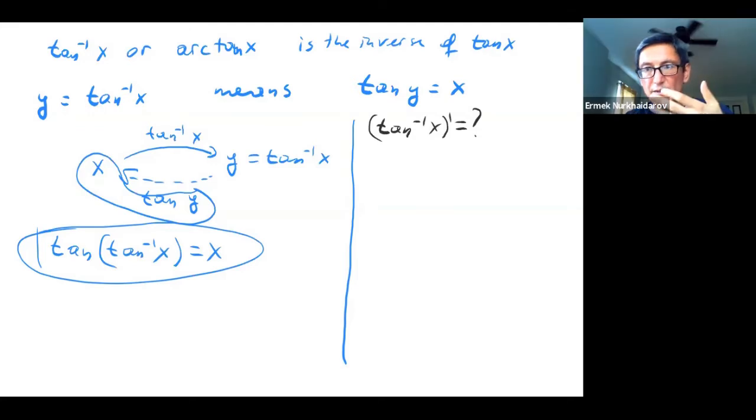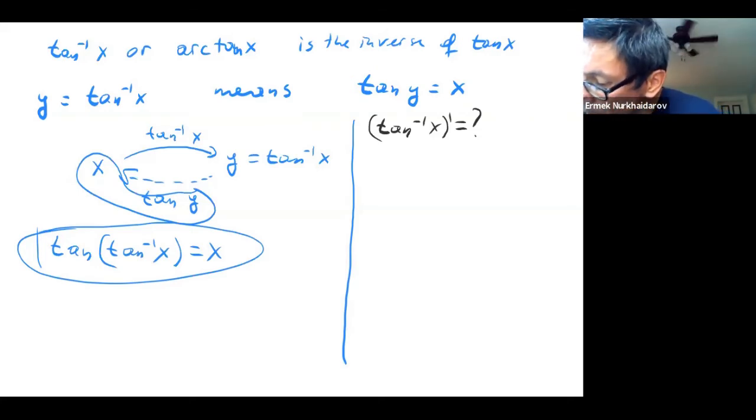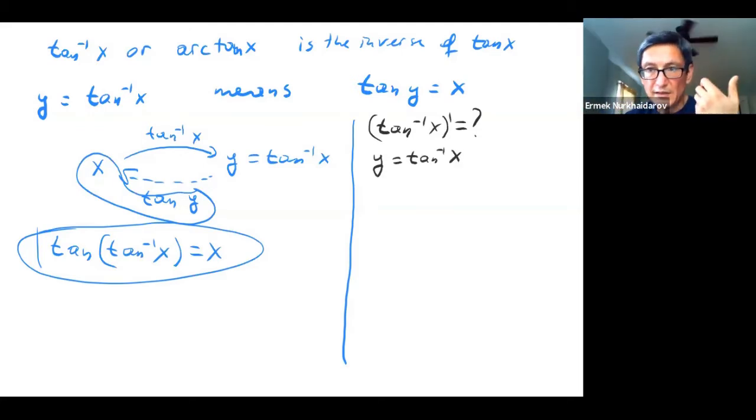We'll do exactly the same steps as we did for the derivative of sine inverse or the derivative of ln. We start with a named equation. So y equals tangent inverse x. Next step, we want to get rid of a function we don't know how to deal with. We want to get rid of tangent inverse.